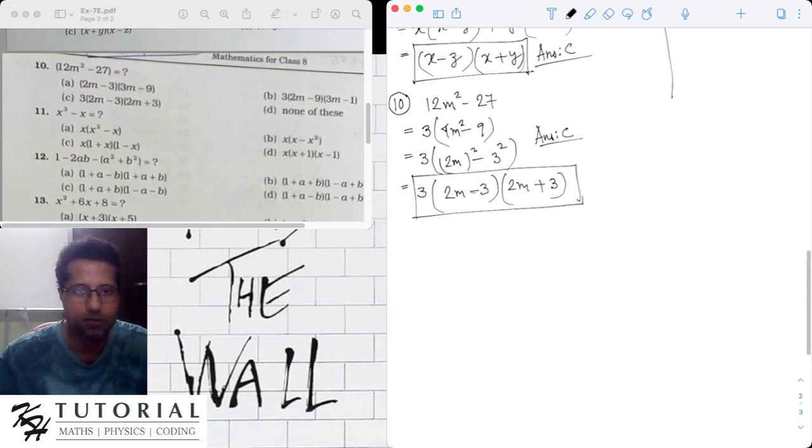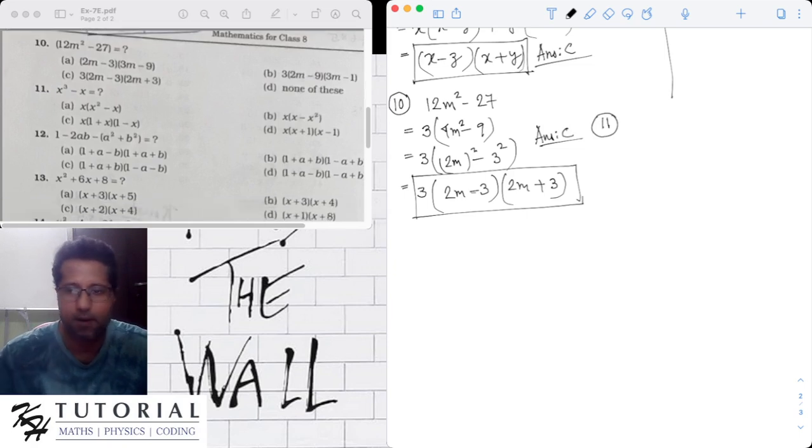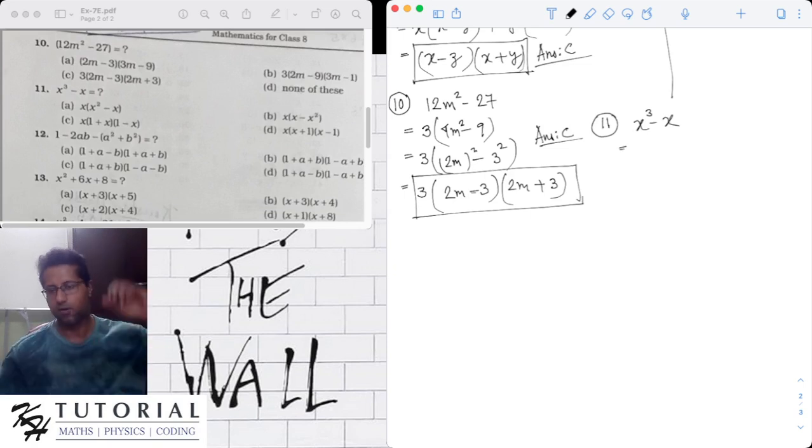Okay, let's do problem number 11. X cube minus x. Now clearly it is not of the form a square minus b square, but we can clearly see that all the terms have a common factor of x.